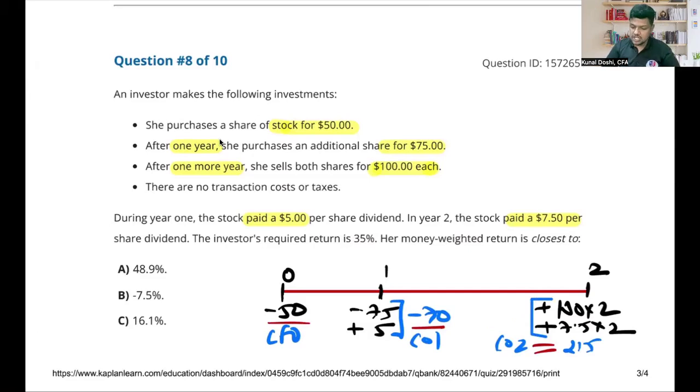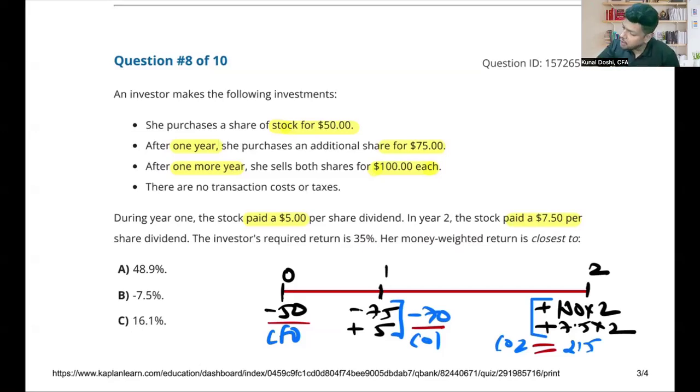Everyone, go to the cash flow function. Clear, second clear. Put CF0 as negative 50. Enter CF1. CF1 should be negative 70. Enter. CF2 should be 215. Enter. Press IRR compute. You should get a very big number. Surprise me with the number.